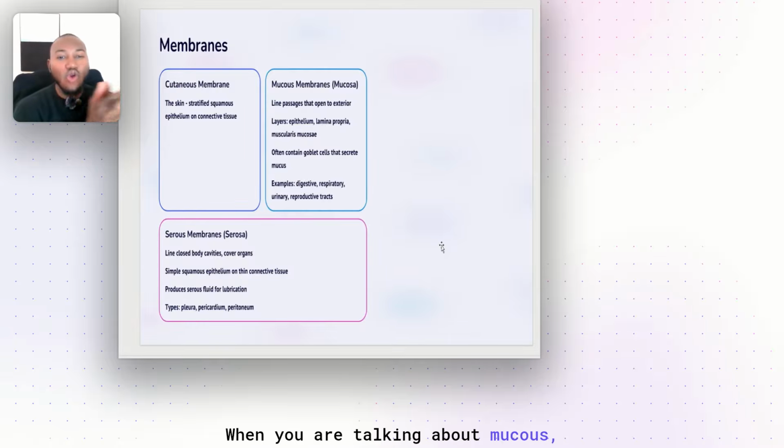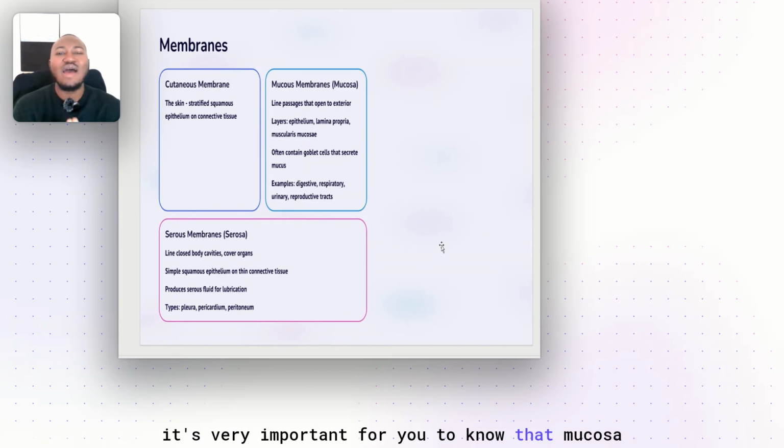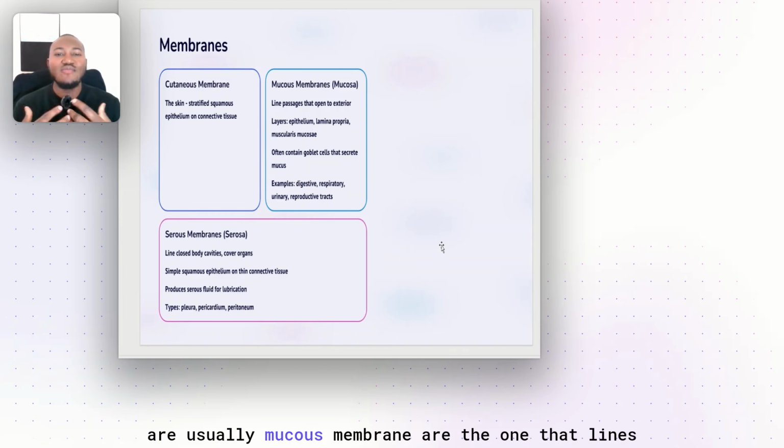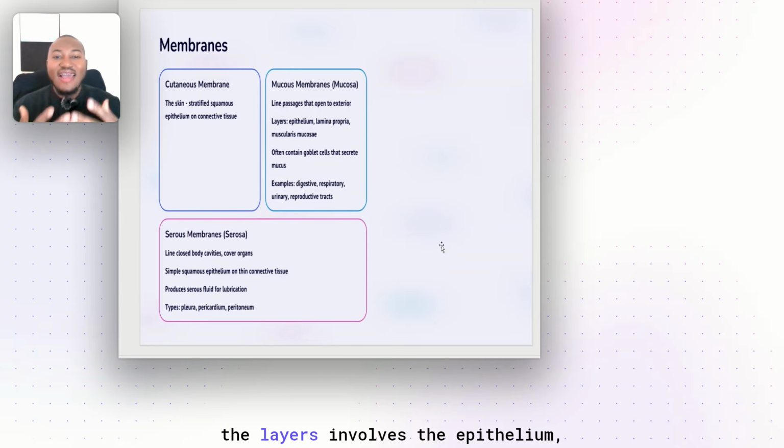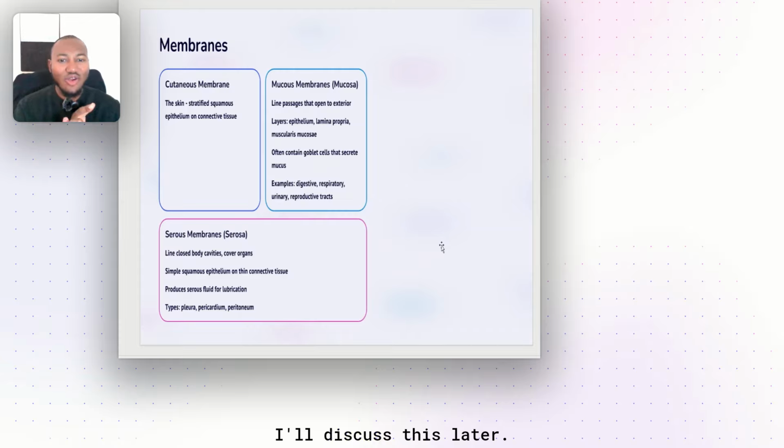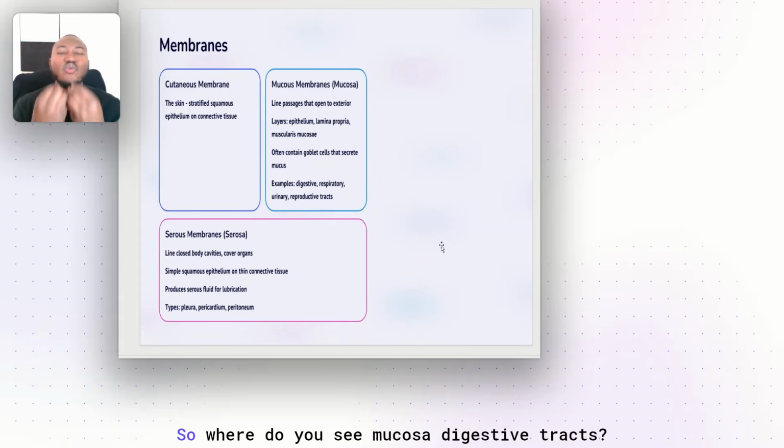When you are talking about mucous, it's very important for you to know that mucosa, usually mucous membranes, are the ones that line anything going to the exterior. Anything going to where? The exterior. The layers involve the epithelium, the lamina propria, the muscularis mucosa. I'll discuss this later, right? They often contain goblet cells. Very, very important. So where do you see mucosa? Digestive tract.